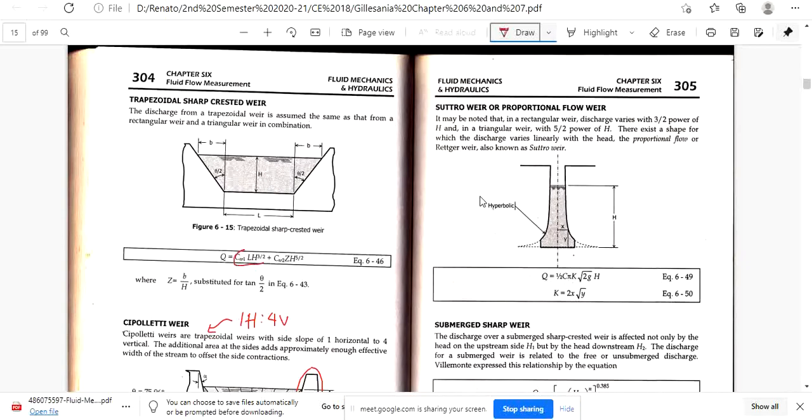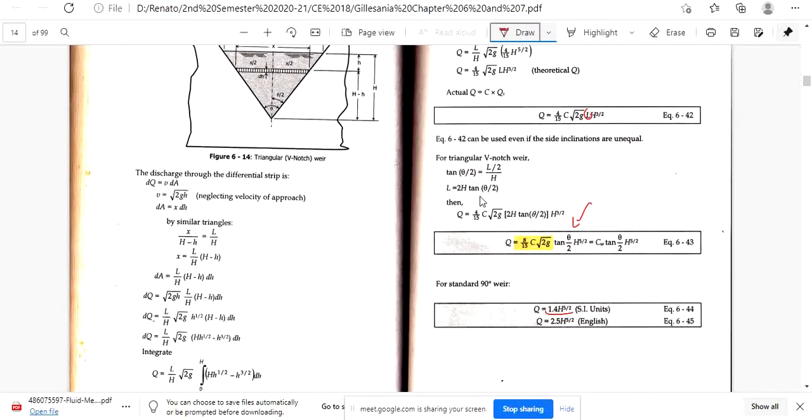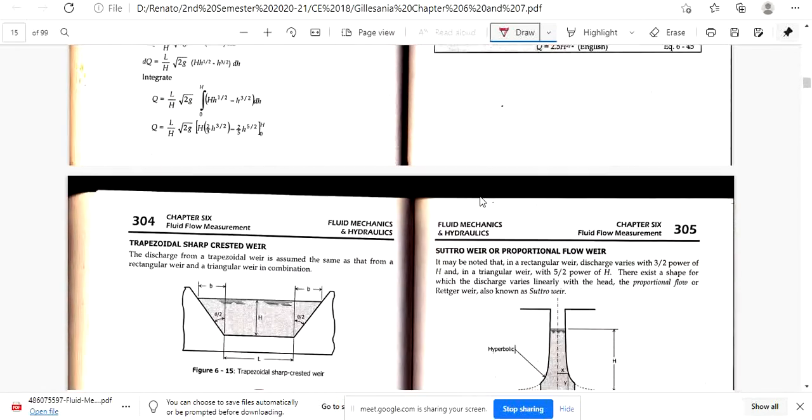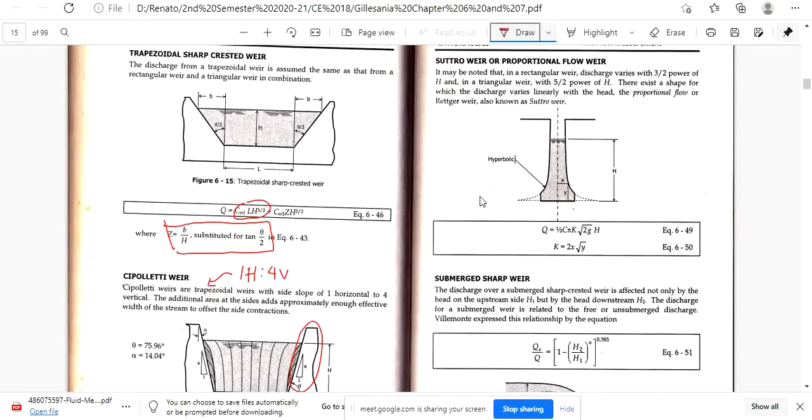If you take note the equation, CWLH to the 3 halves and kani, di ba? CWH to the 5 halves. Kani. CW tangent theta. So, Z na isang gigamit dire kaya kaning Z is mao naman. Okay, so mao na siya.